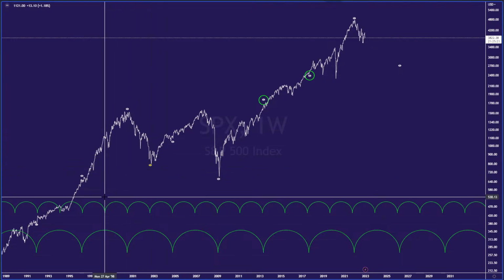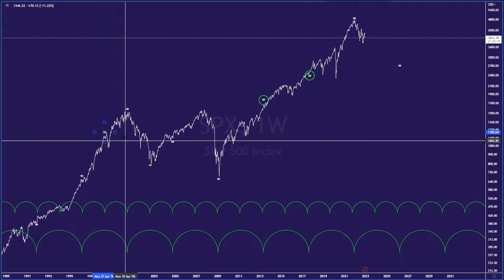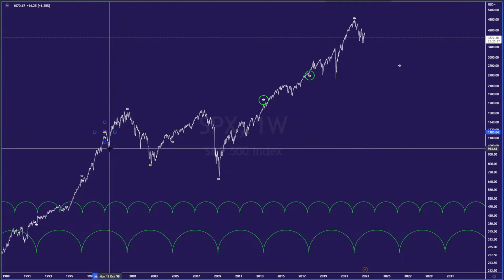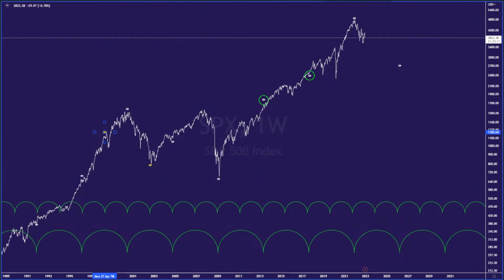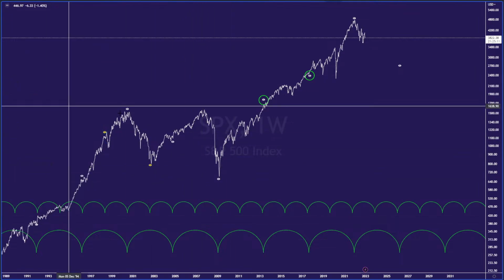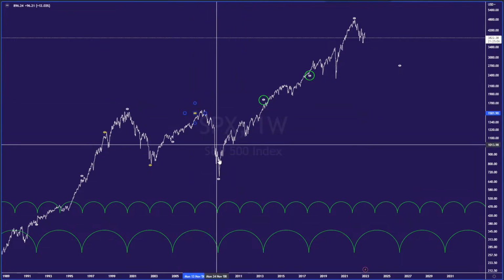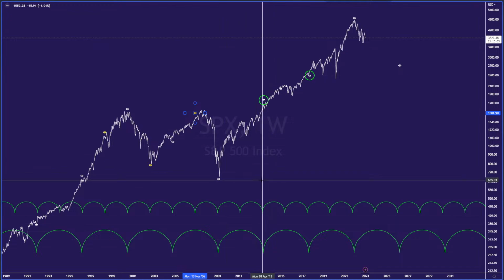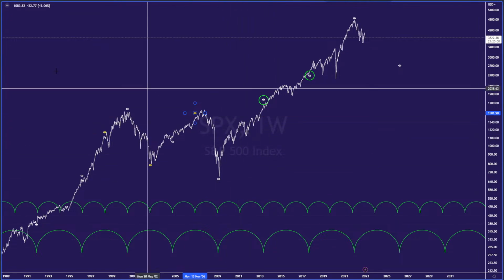Seeing how that correlates, again, right here, we did have a major top before a significant pullback. And again, right here, this was almost the top. It wasn't exactly the top, but it was near the top before we saw the major crash. Going back and looking at this again, there's a top right there.